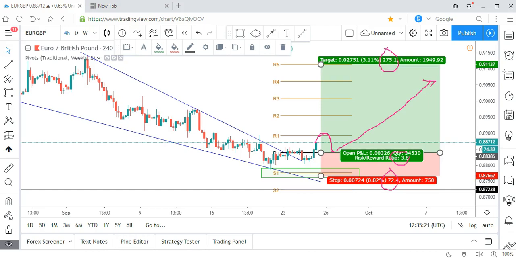In the master's course, I train you exclusively on multi-time frame analysis, and we also focus on trading psychology, and we look at the market structure. Market structure is key to trading. So for you to be profitable in trading, you need to understand market structure.